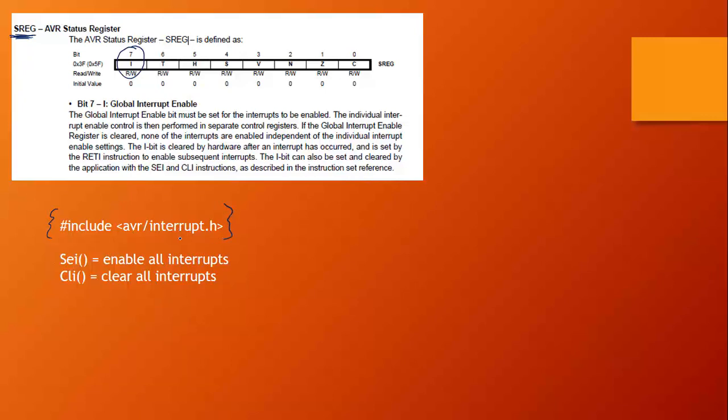Whenever we work with interrupts, we #include avr/interrupt.h, and there are two macros built into that header file, SEI and CLI. These are to set all interrupts and clear all interrupts. We enable all the interrupts with the function SEI, and we clear all of them with the CLI function. I'll show you exactly how that works in a moment.